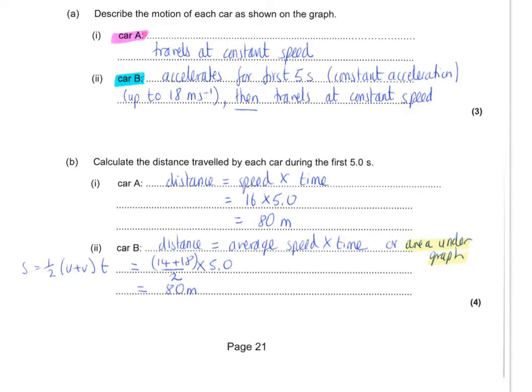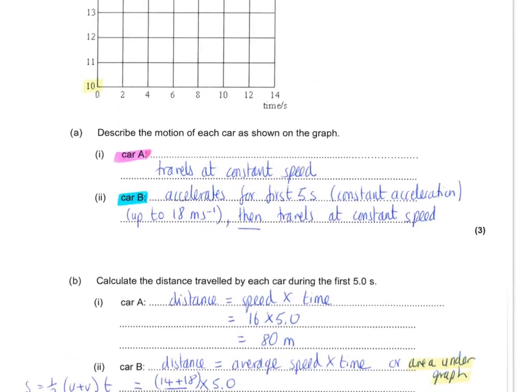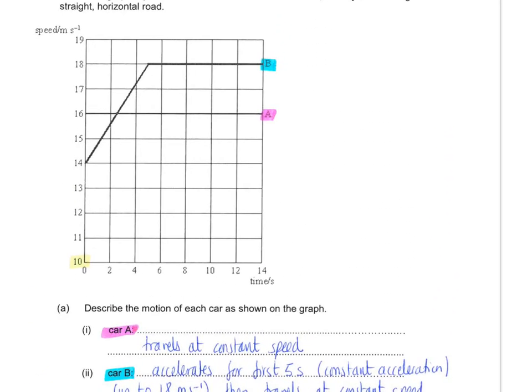Now you would be perfectly correct to state that the distance travelled can be found using the area under the graph, and this is often worth a mark on mark schemes. But you must take a look here and be very careful if you're using this method on this occasion, because the y-axis begins at 10.